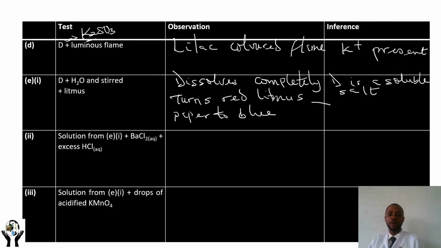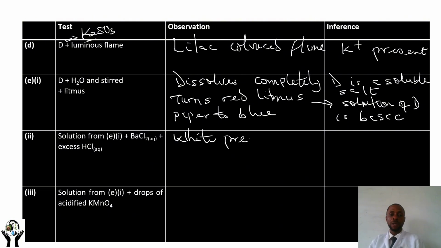Thus, the inference for that is that the solution of D is basic. It's a basic solution. Now, when you take the solution obtained above and you add barium chloride, you are going to have a white precipitate formed.